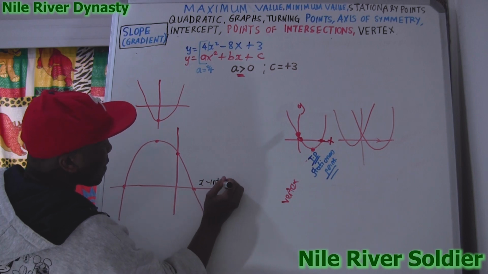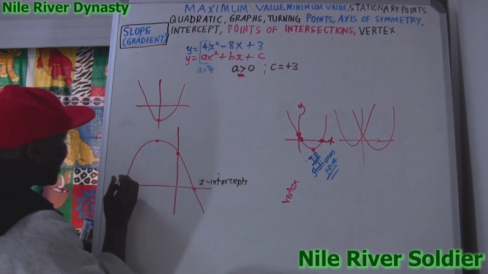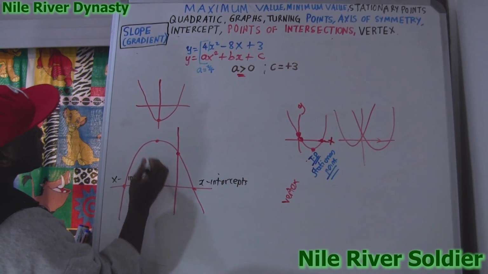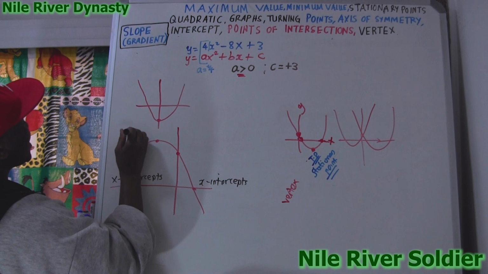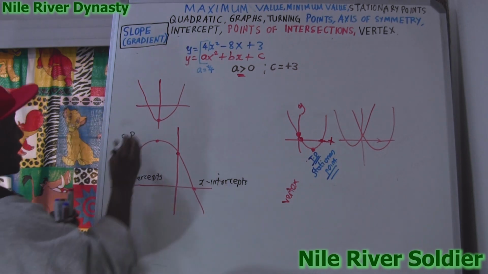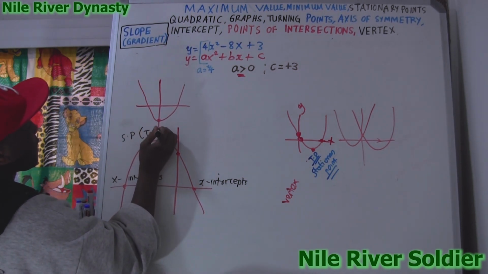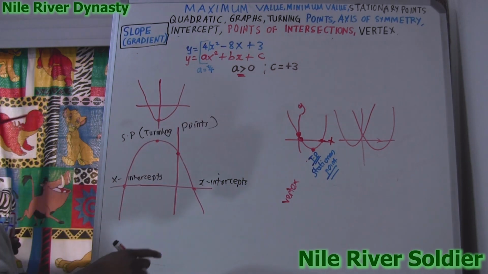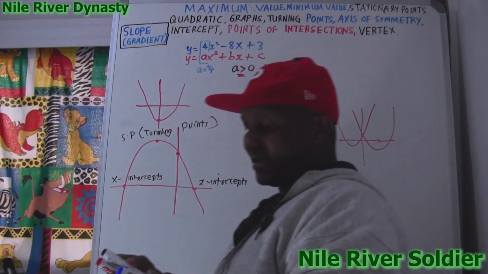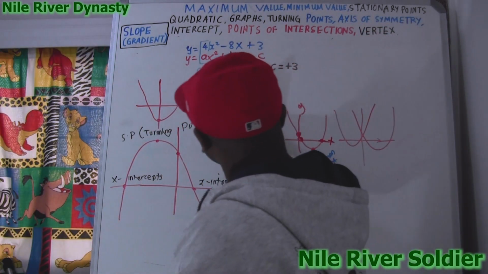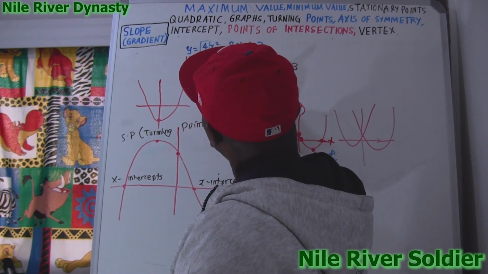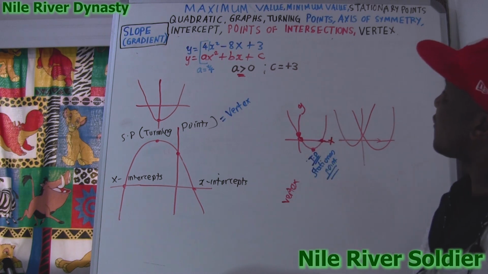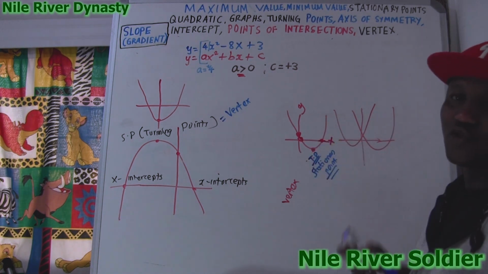These are x-intercepts, and this is the stationary point, SP, or sometimes we can call it the turning point. I'll show you how to get all of them. Or sometimes we can call it the vertex. The vertex is like the corner of something, you know what I'm saying? So that's a vertex. Okay, now let's find them. If you find those four things, then you can draw your graph.